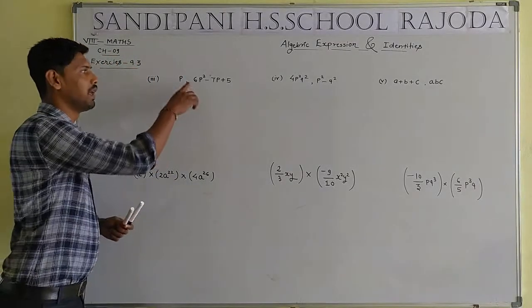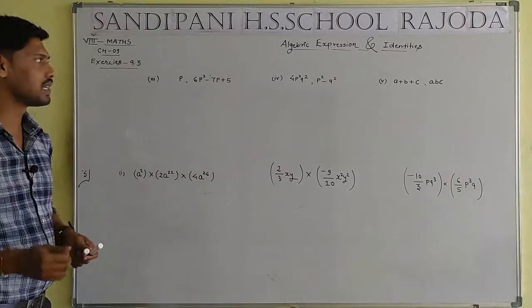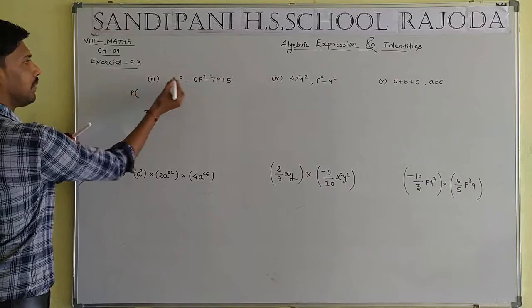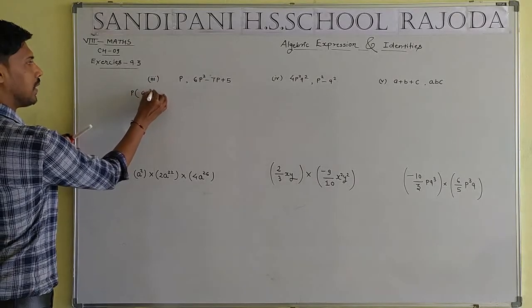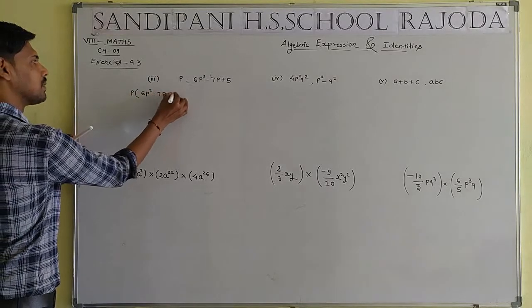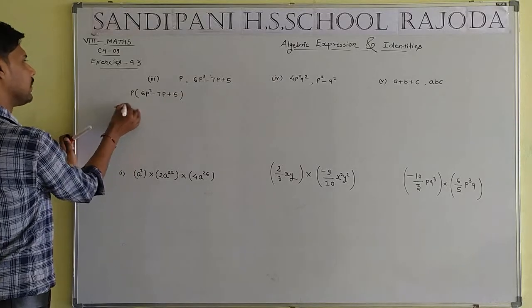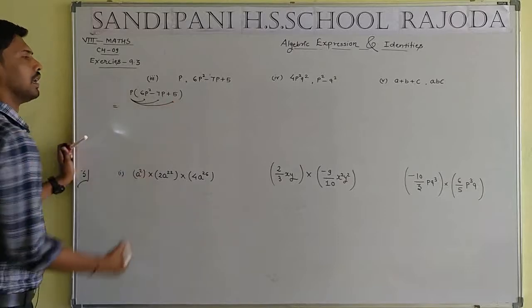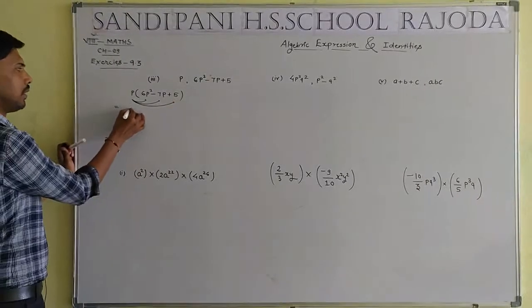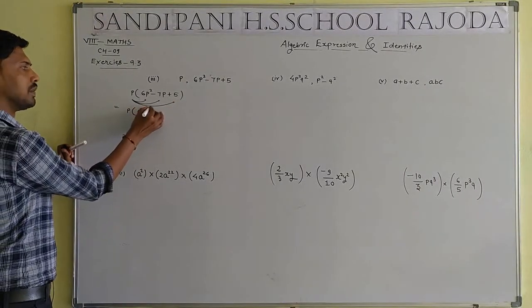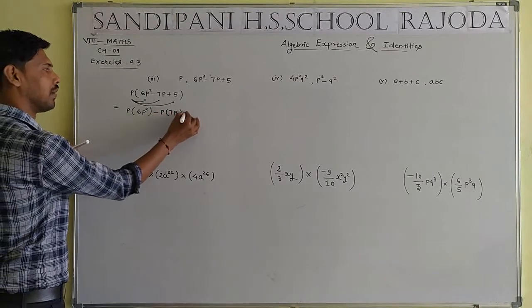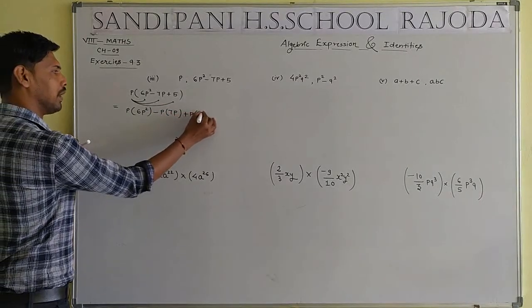P multiply with the 6p square minus 7p plus 5. Okay, student, in the case of the multiplication, firstly p multiply by this, then this, then this. That means p will be multiplied by 6p square, minus p multiply by 7p, and finally p multiply by 5.